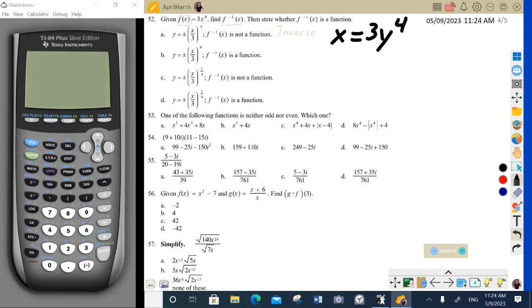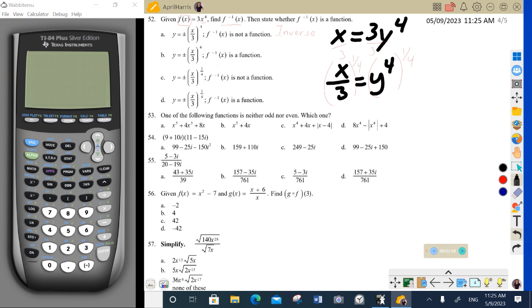So to get y by itself, the first thing we're going to do is divide by 3. So that leaves us with x over 3 equals y to the fourth. And the way you get rid of to the fourth power, you can either take the fourth root or raise it to the 1/4 power. So the answers don't have radicals in them, so I'm going to raise it to the 1/4 power.